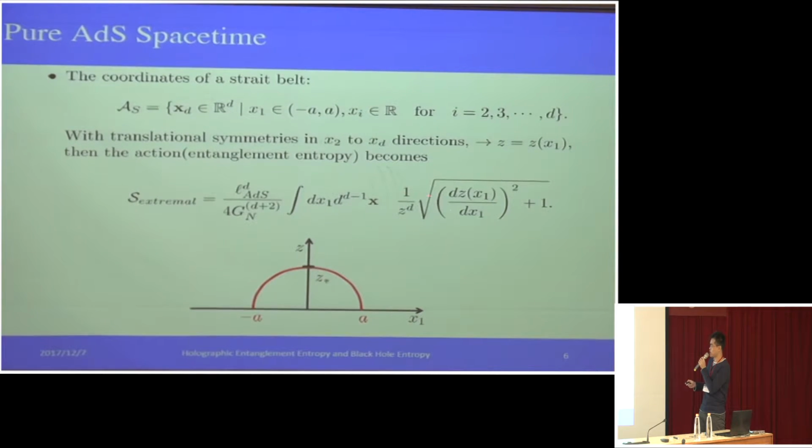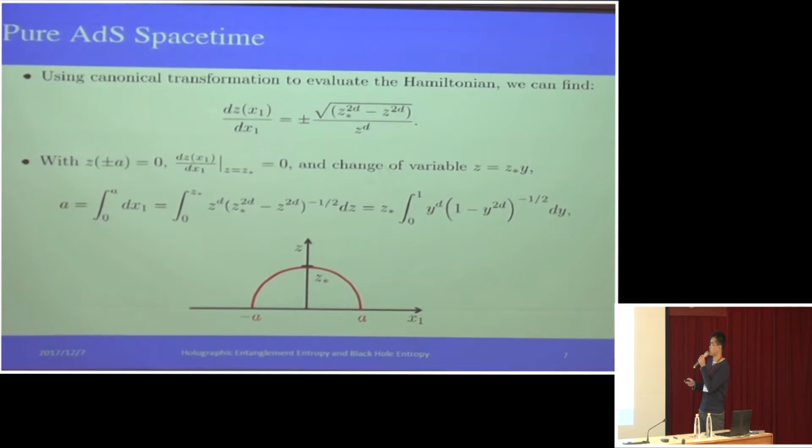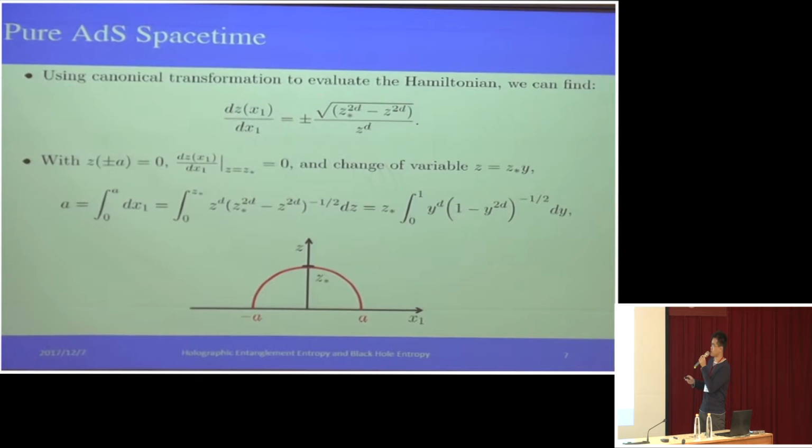Then from the Hamilton equation, we can get this first derivative. It looks like this. Here z star is the point where the minimal surface turns around, so it's the farthest point from 0.